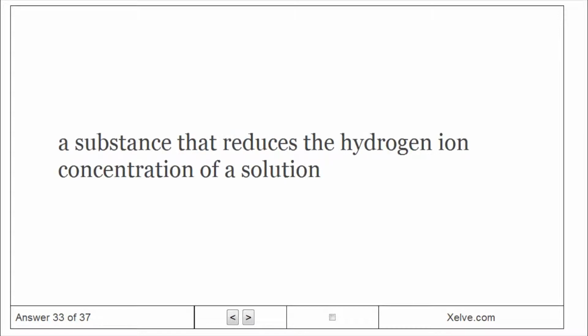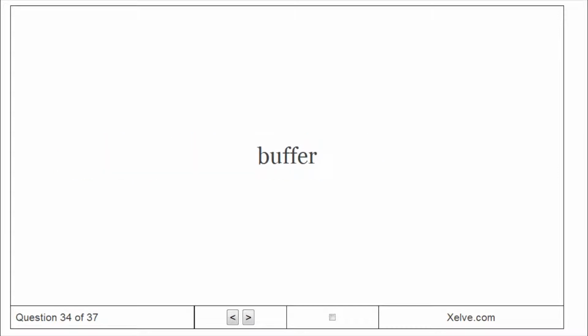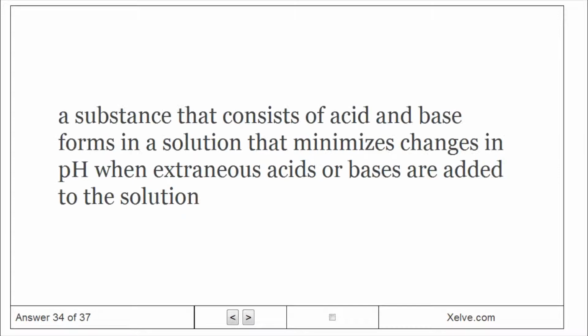A substance that reduces the hydrogen ion concentration of a solution. Buffer. A substance that consists of acid and base forms in a solution that minimizes changes in pH when extraneous acids or bases are added to the solution.